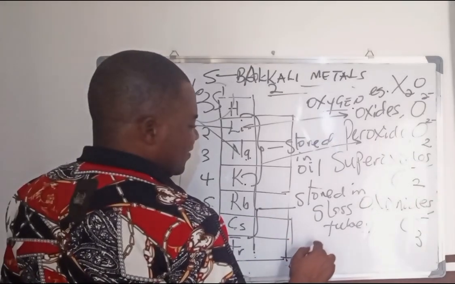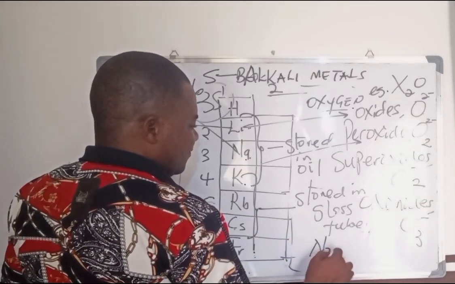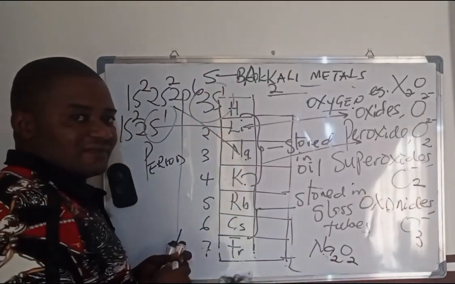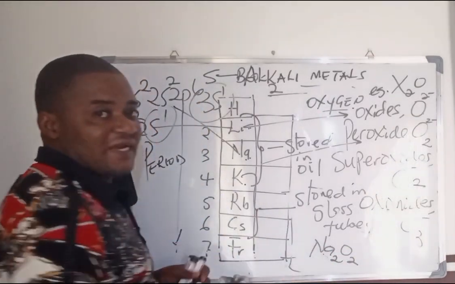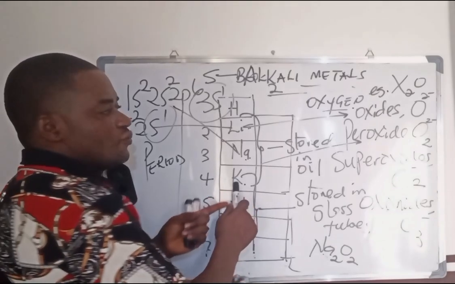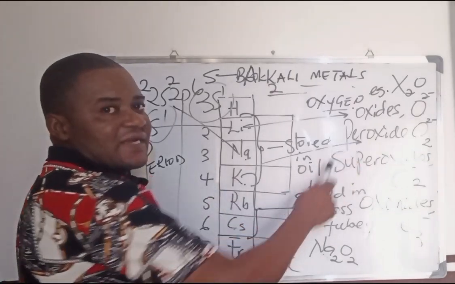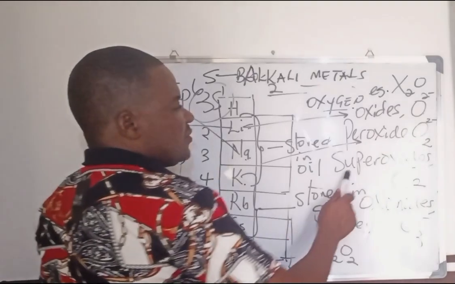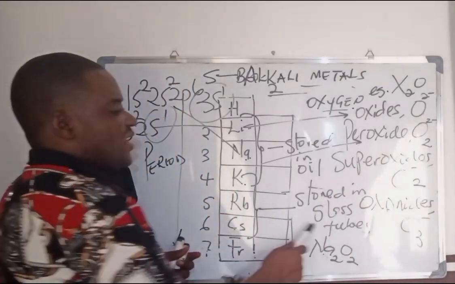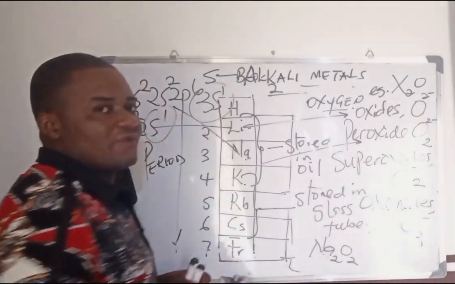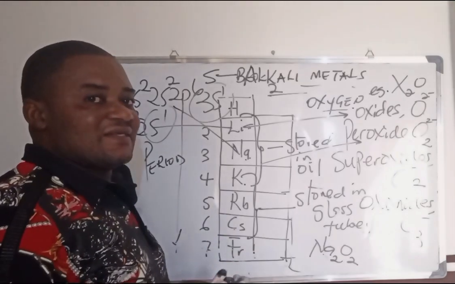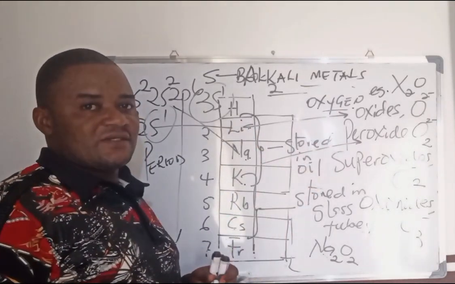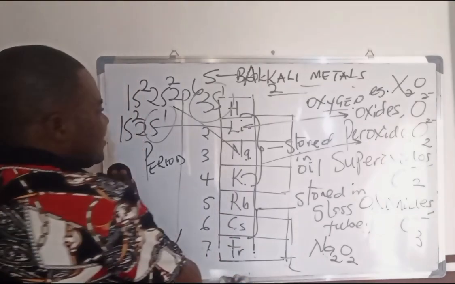So you could have sodium peroxide, and you could have potassium peroxide. Then rubidium and cesium form superoxides, and we also have ozonides that are formed. That is the reaction of alkali metals with oxygen.